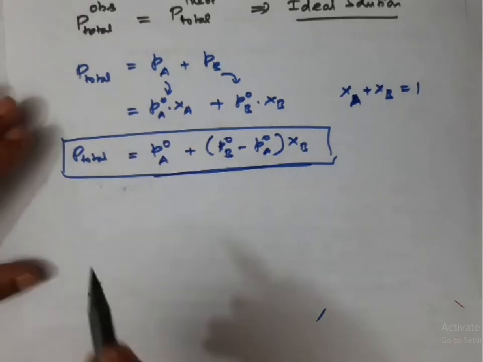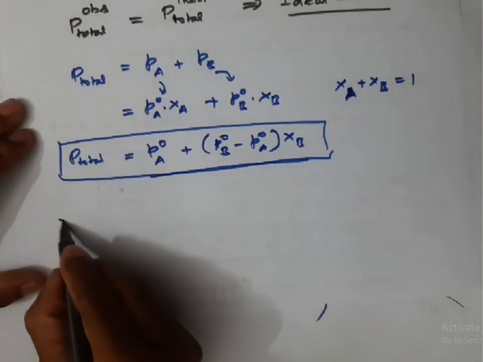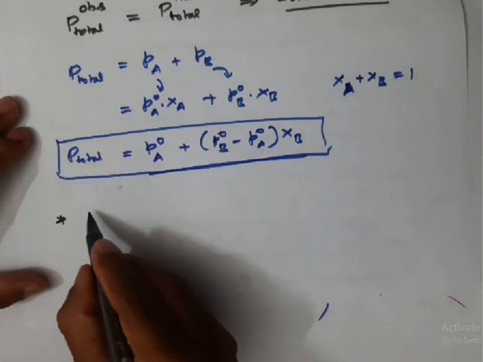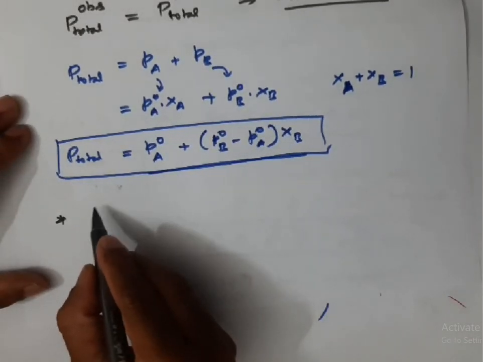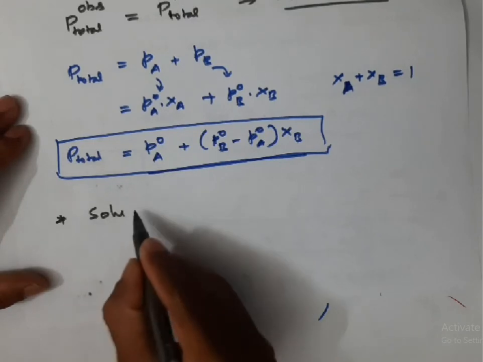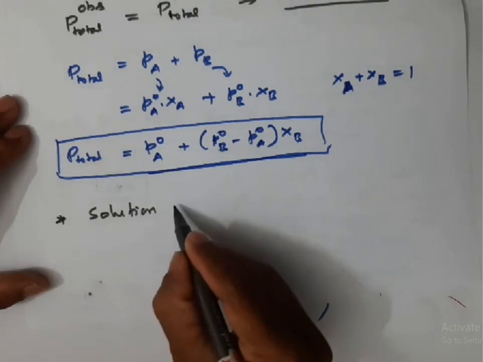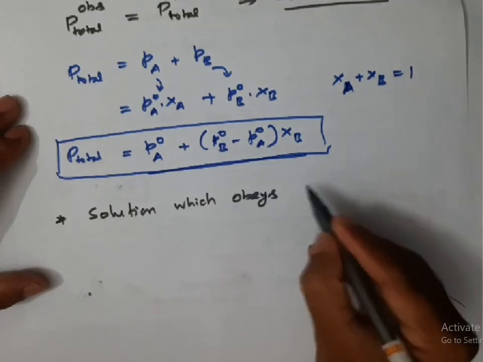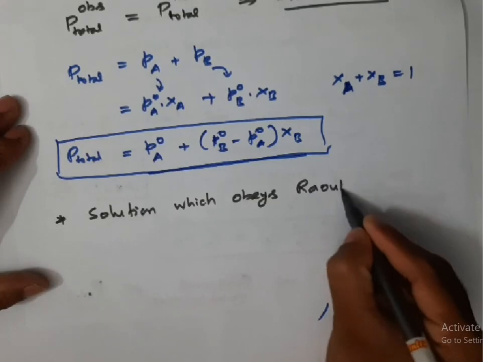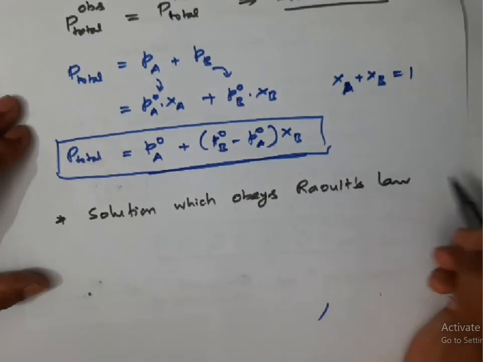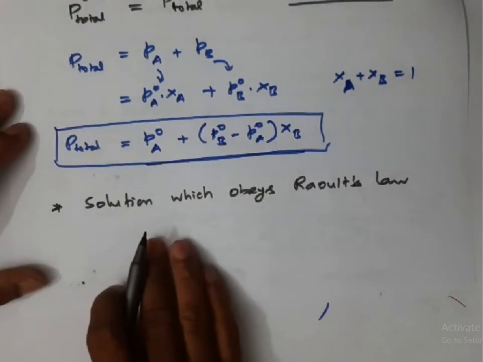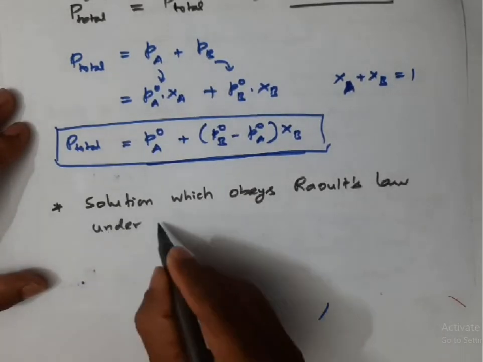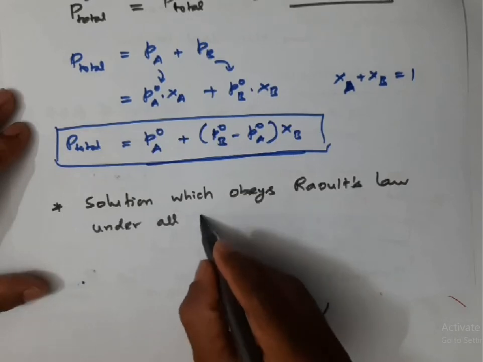So what is an ideal solution? An ideal solution is a solution which obeys Raoult's law. Students, observe this carefully: a solution which obeys Raoult's law under all proportions, under all compositions.